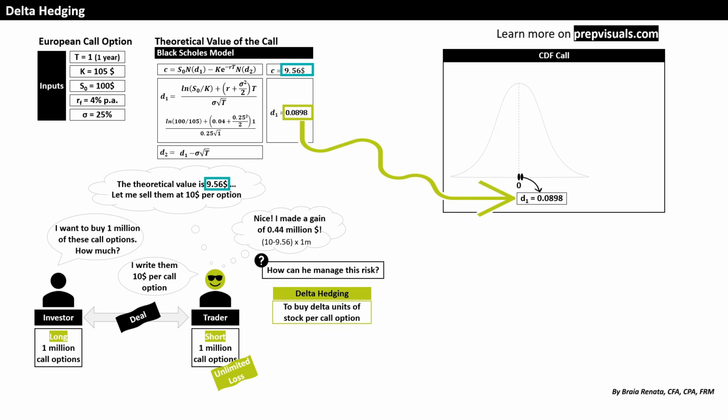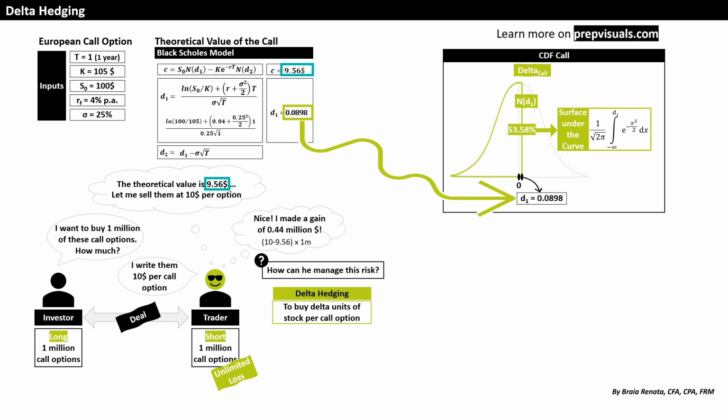And this is just a quick recap, something I've emphasized many times in my previous lessons, and that is that N(D1) is the delta of the call option, which is basically the surface under the curve from -infinity until D1. And of course, this is something that can be looked up in statistical tables, and in this case, it would be this value over here.